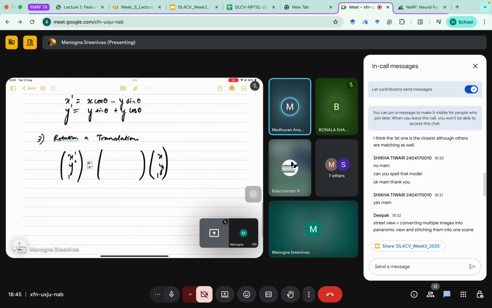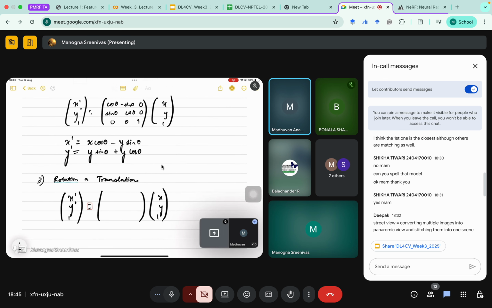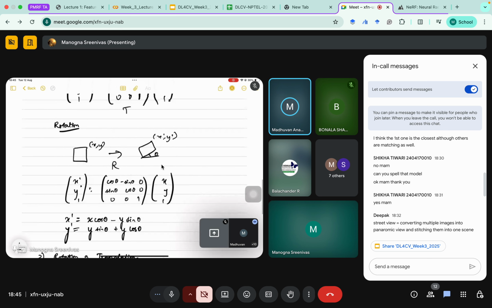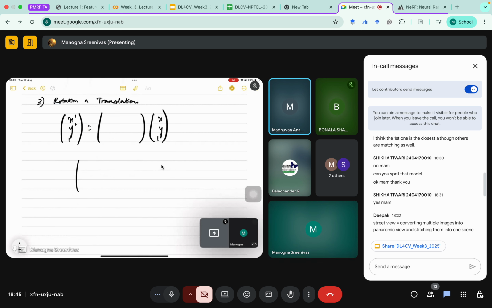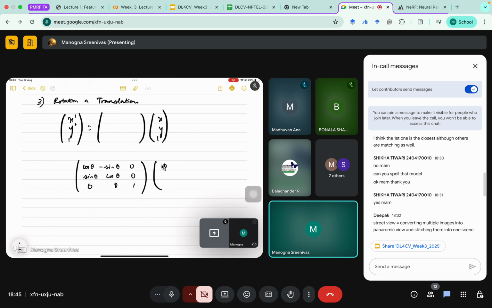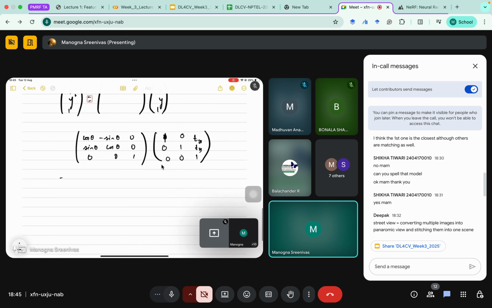The product of the previous two transform matrices T. Okay. What was it? 1 1 1. So what was this?